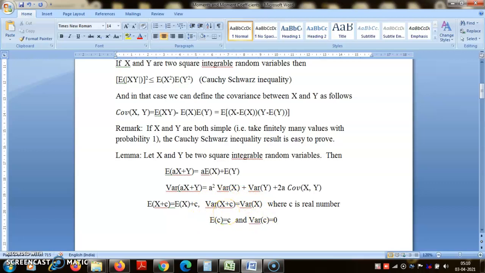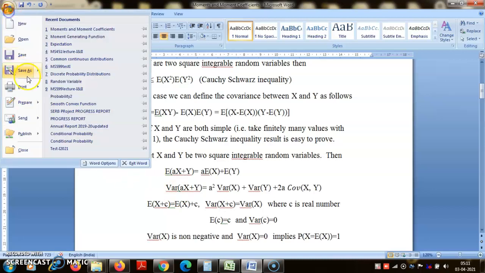Variance of x is non-negative. This is trivial, and variance of x equal to 0 implies probability x is equal to expectation of x is 1.